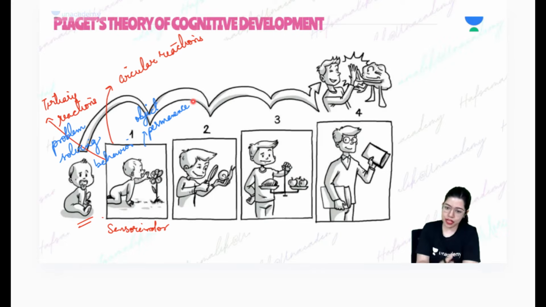But object permanence means that they have developed the mental representation concept. थोड़ा सा उन्होंने mental representation सीख लिया है. So that they understand कि चीजें exist करती हैं even after they are not in front of them.